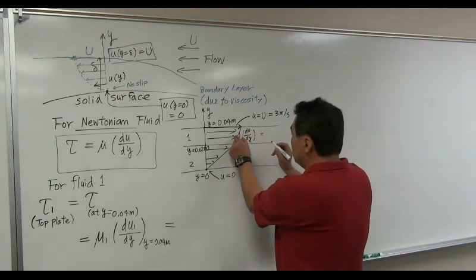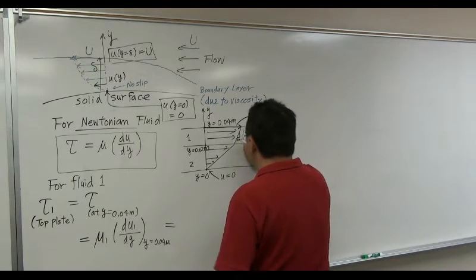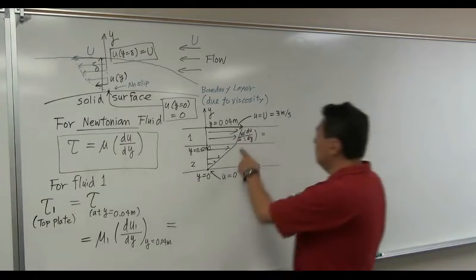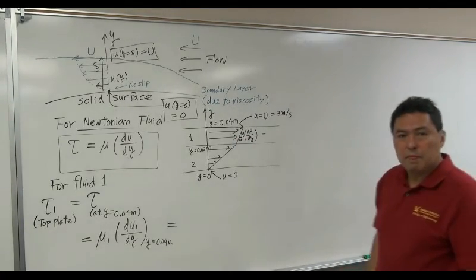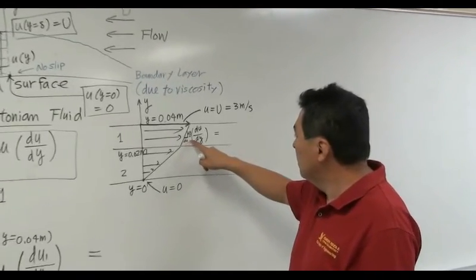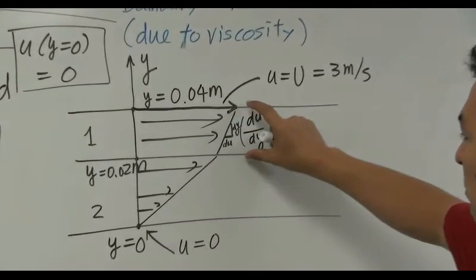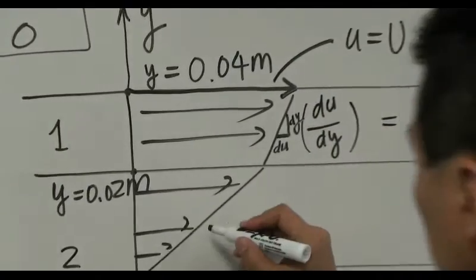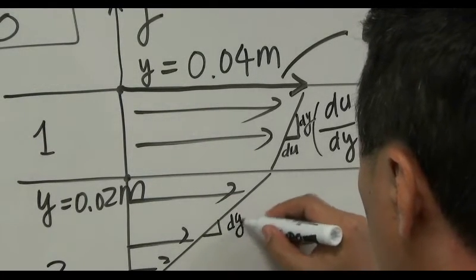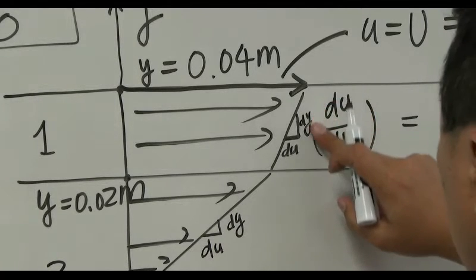So this is how much change of velocity happened. This is du. This is how much change of y, du dy. Can you zoom in and see it? Du dy. So that's the slope. Since this is a linear function, this is a constant value within region 1. Again, constant value in region 2. This is a dy, du. Okay.